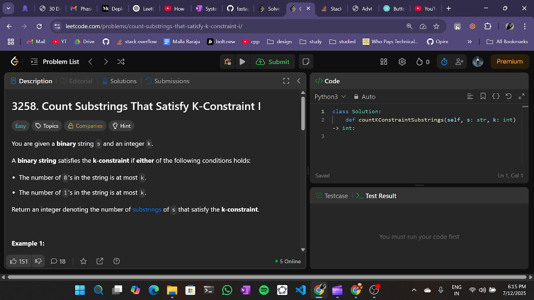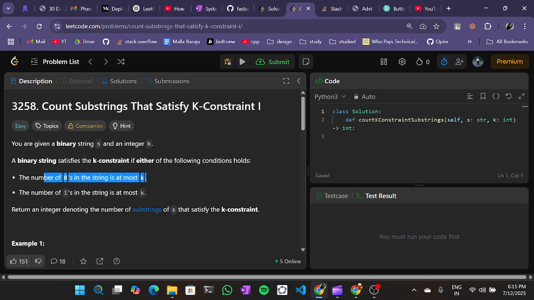You are given a binary string s and an integer k. A binary string satisfies the k-constraint if either of the following conditions hold: the number of zeros in the string is at most k, or the number of ones in the string is at most k.